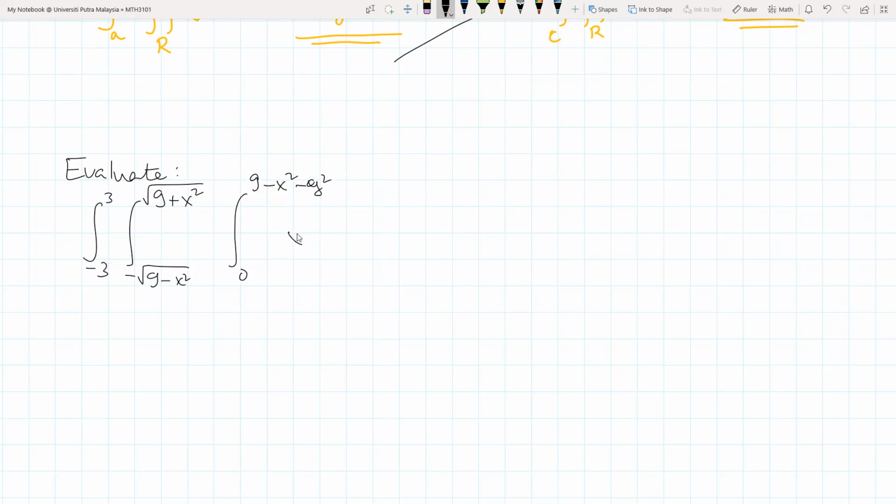The function of x, y, z is just x squared, and then dz, dy, dx.